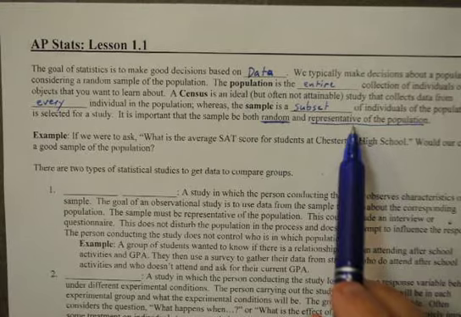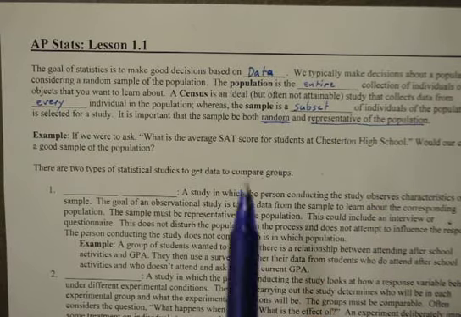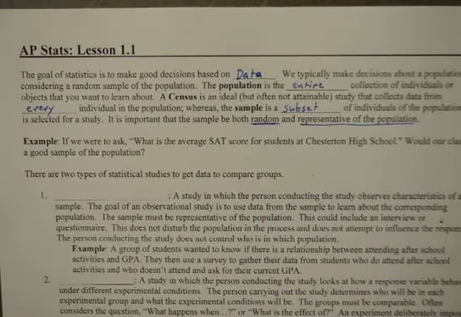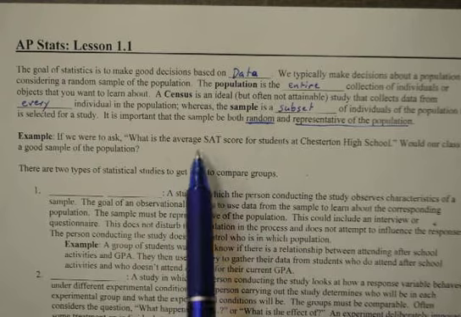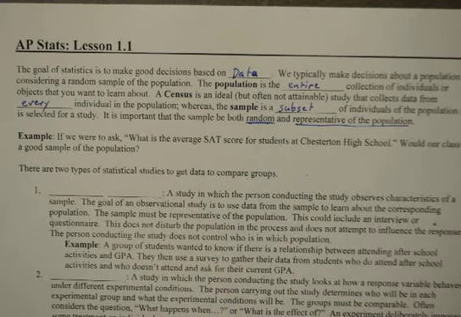And is it representative of the population? So if we just took our class, we're like, you know what? Let's find the average SAT score for Chesterton, and we'll use our class as the sample. So we'll just look at our averages. Do you think that would be a good sample to use?